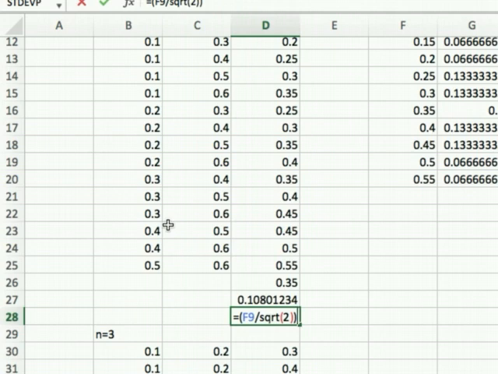But again, we know that this is not complete because the population is finite. We have to multiply this by the finite population correction factor, which is again the square root of capital N minus small letter n over capital N minus 1. So capital N here is 6, small letter n is 2. So for the numerator, that's 6 minus 2, or 4.